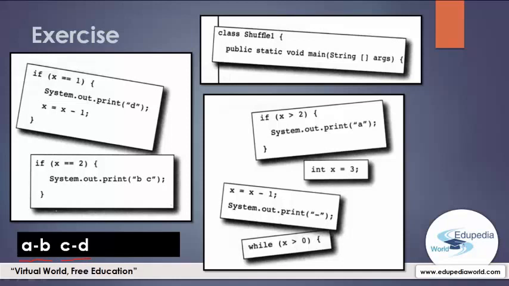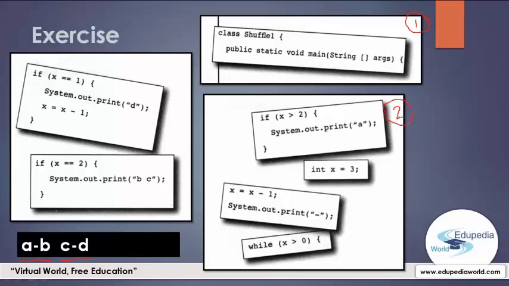So now to arrange that, first thing we have to do is find the main method. So this code snippet got the main method. That means this is the first code snippet. Now the letter A should be printed out. The A is in here. So this is the second code snippet.